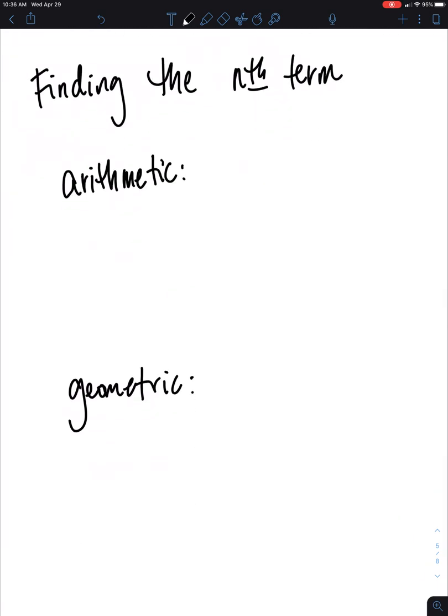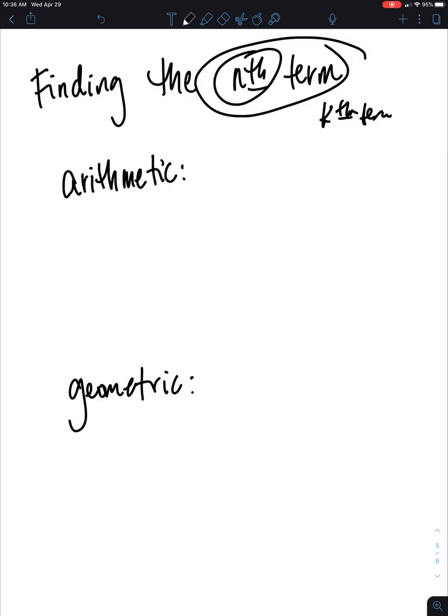Okay, so now let's get into the equations. In this section, we're going to talk about the equations for finding the nth term. On the previous page, they used K. The nth is much better. I don't even know why they started with K, but anyways, the nth term.